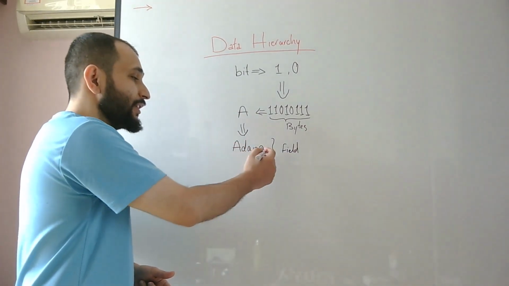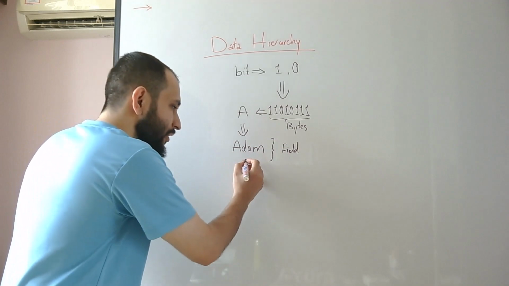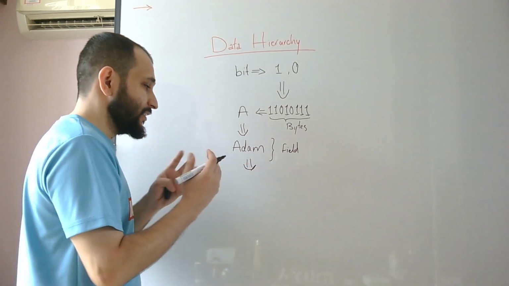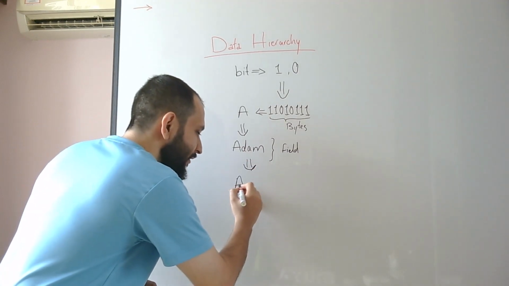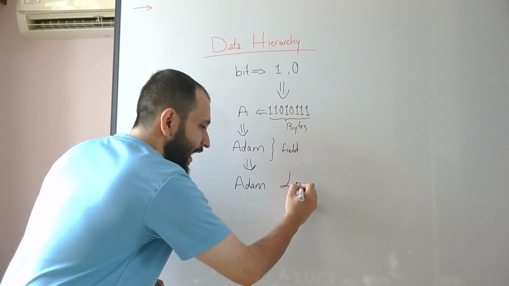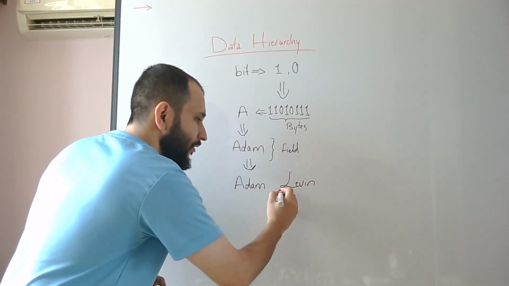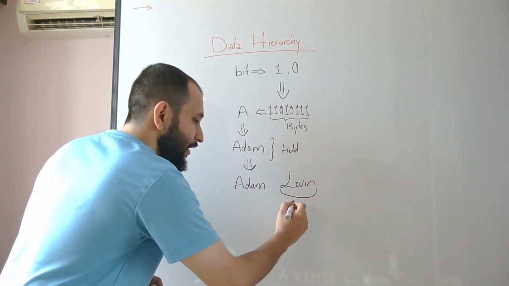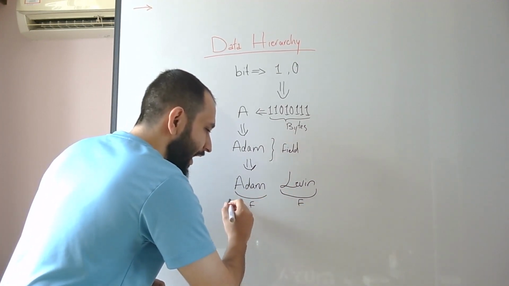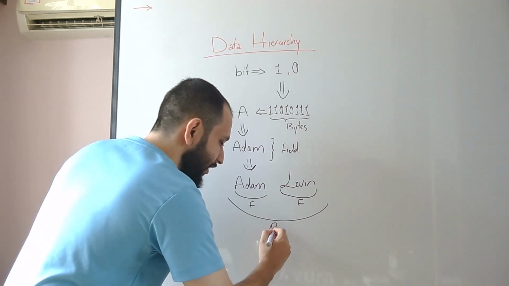After these fields we have records, where we interrelate these fields. So Adam with the first name and Levine maybe with the last name. These two fields are combined and they create a record.